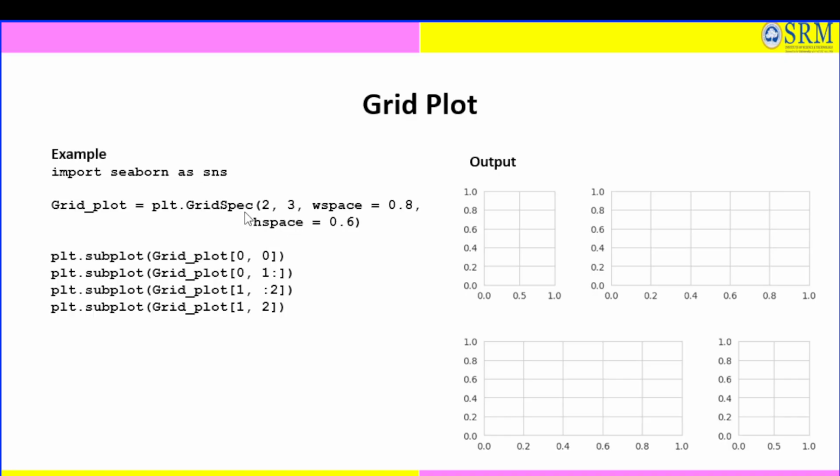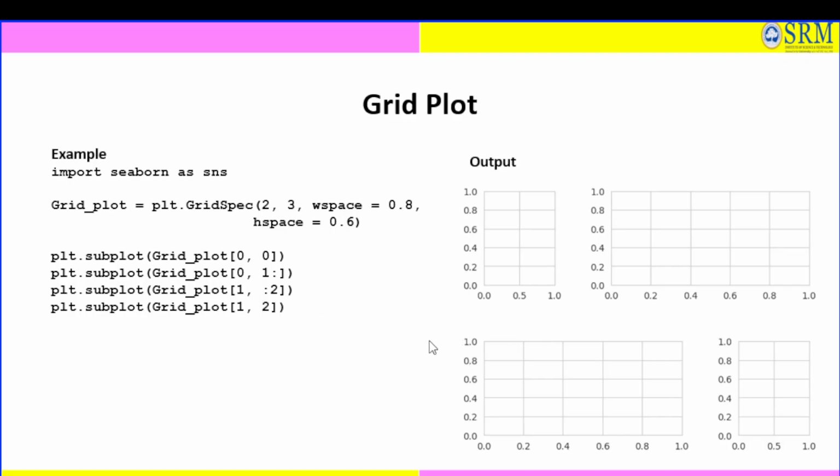For example, GridSpec is nothing but grid specification, where you can have two rows and three columns, how much space you give for width and height, and what type of plots you have in each particular region. You can have it like 0 comma 0, 0 comma 1 here, and 1 comma 2, like this.